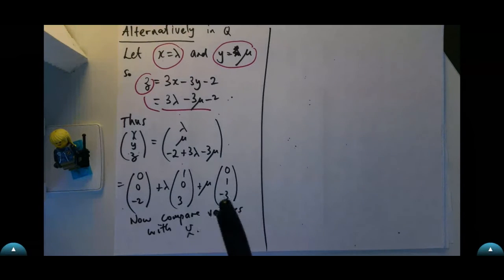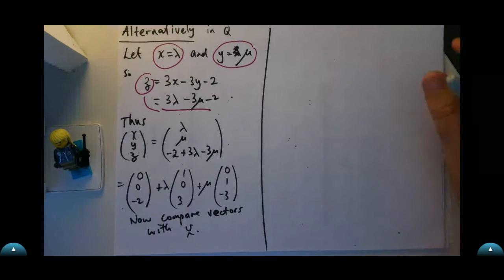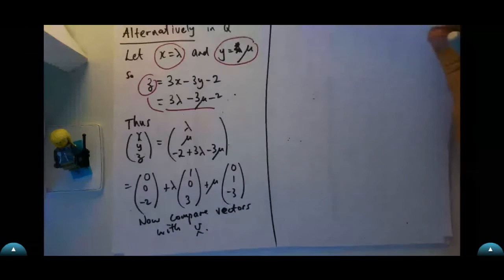Yeah, you can see that 2 lots of that vector plus 1 lot of that vector equals v. Okay, that's probably enough for 43.